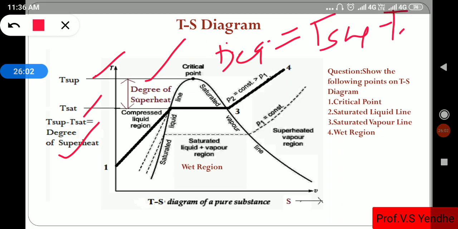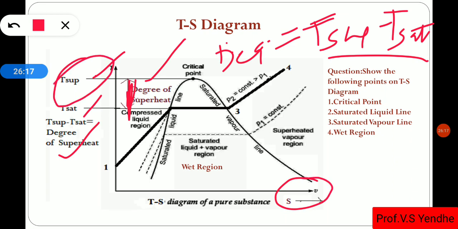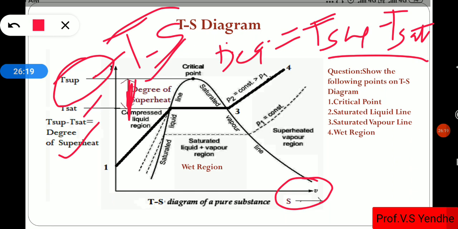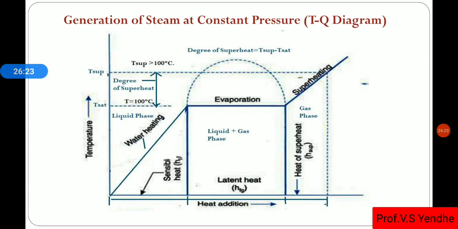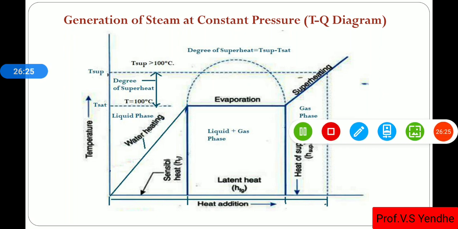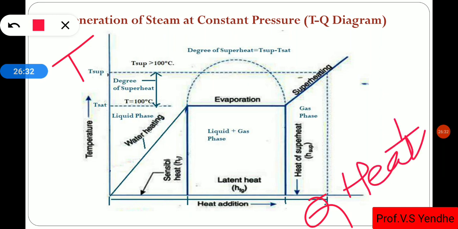This difference of temperature is known as the degree of superheat. This is the entropy, and this is the temperature. So this is the TS diagram, and the previous one was the TQ diagram, the temperature heat diagram. Both are very important from the examination point of view.